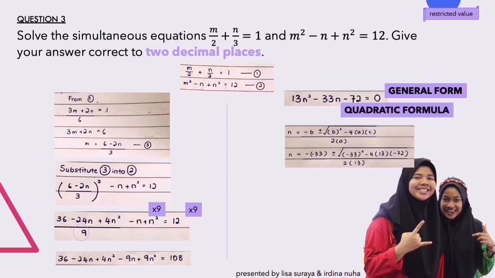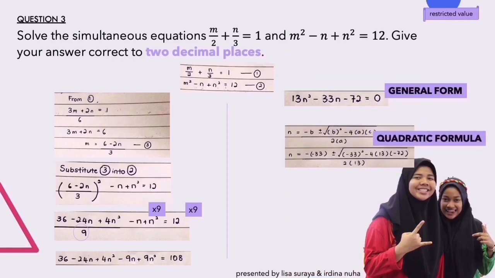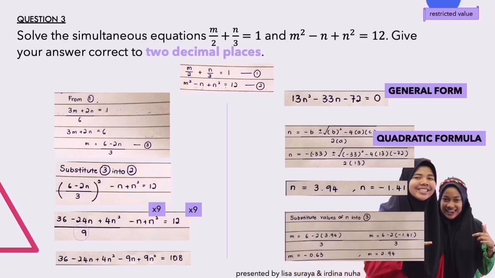All that's left to do is insert the values of a, b and c in the quadratic formula, and you'll get the values of n, which are 3.94 and negative 1.41. To get the values of m, you have to insert the values of n into equation 3, and you'll get m equals negative 0.63 and m equals 2.94. All done. Thank you.